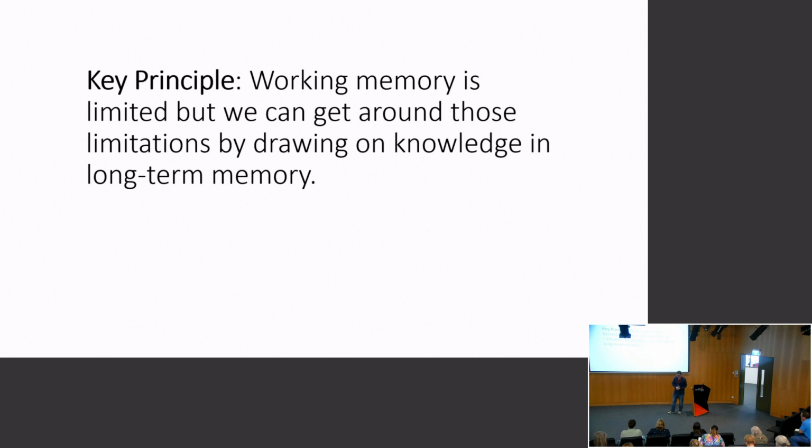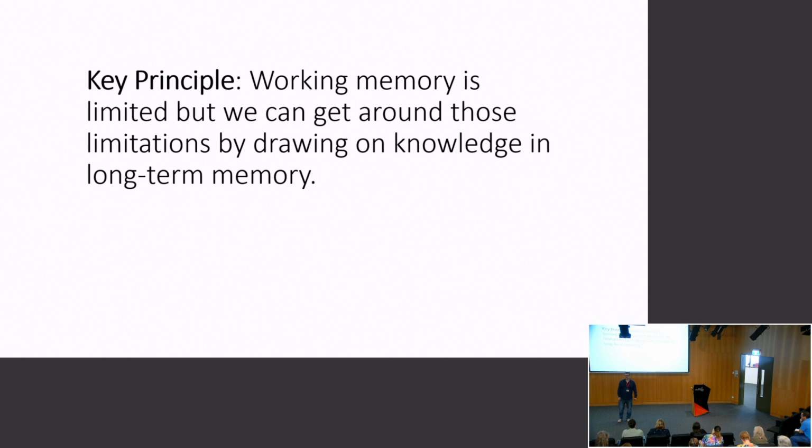What does this mean? It means that you don't need a central processor. What's actually happening is your attention, your working memory, is controlled by an interaction between your long-term memory and a stimulus from the environment. To give you an example of that, I'm going to give you a task to do, okay? So this is your task. For the next few seconds, do not think of a white bear.